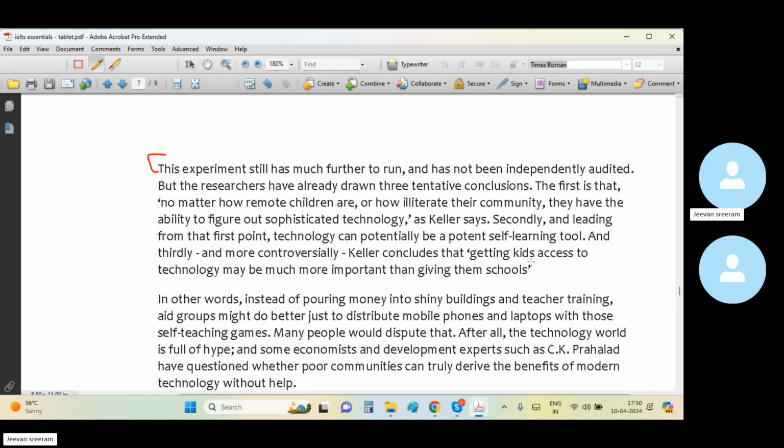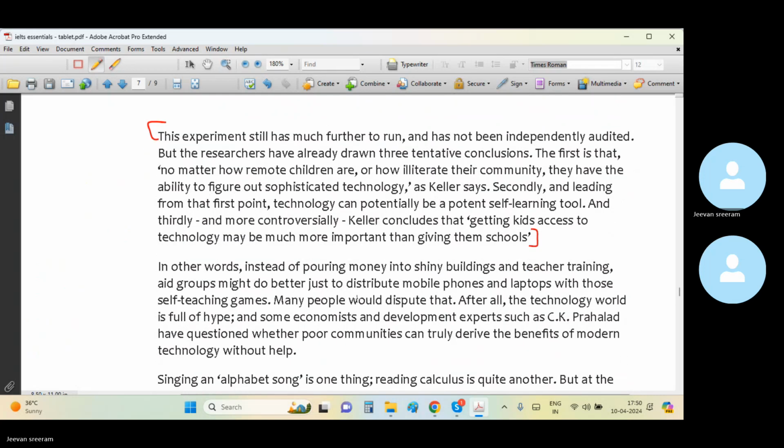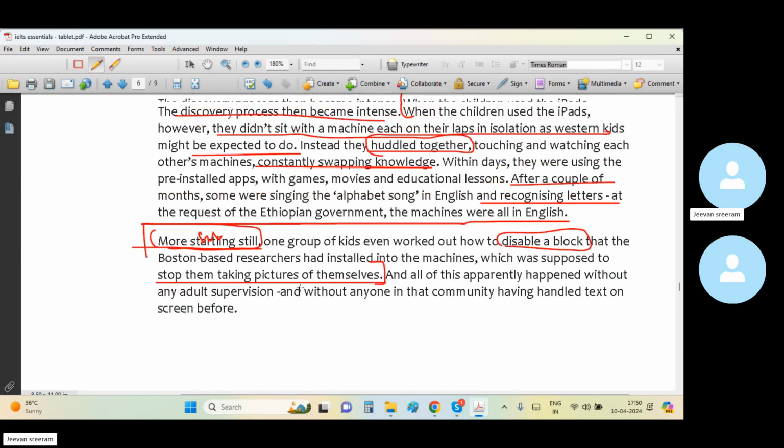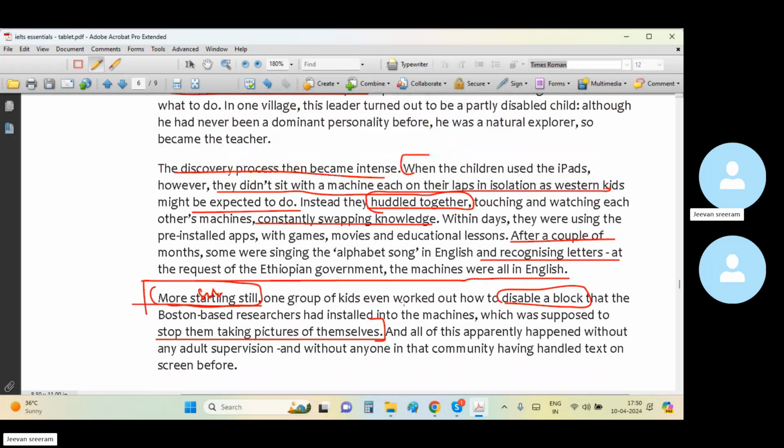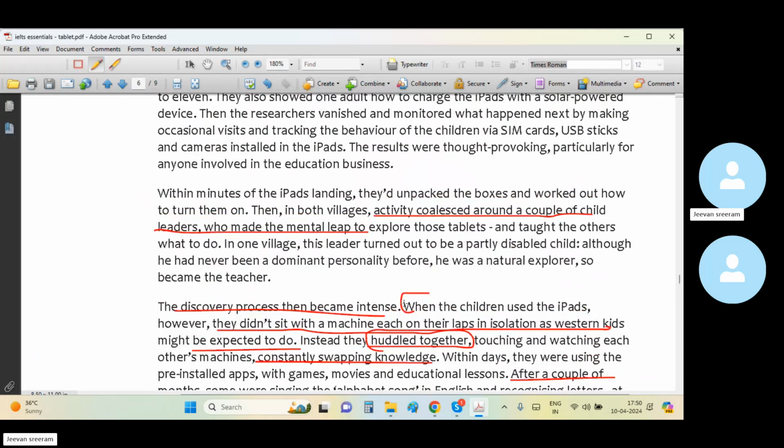Okay, this is the paragraph. You can get the answers from it, and also from this other paragraph. Right? So please go through these two paragraphs to answer the summary completion.